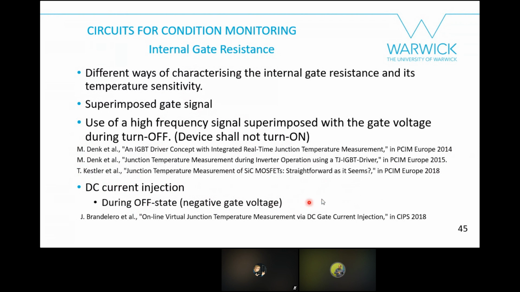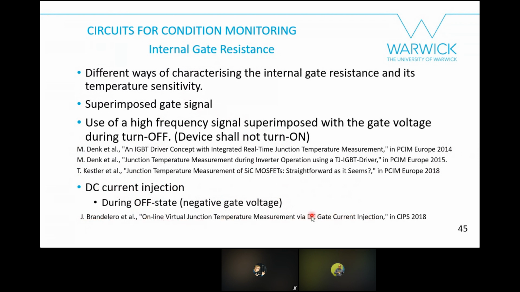That DC current is going to charge that capacitance. If you know the resistance, you know the time it takes to go to 1 volt, 2 volts. If you are below the threshold voltage, you can use that charging during the off state to identify the internal gate resistance, and hence you can calculate the temperature of your chip.